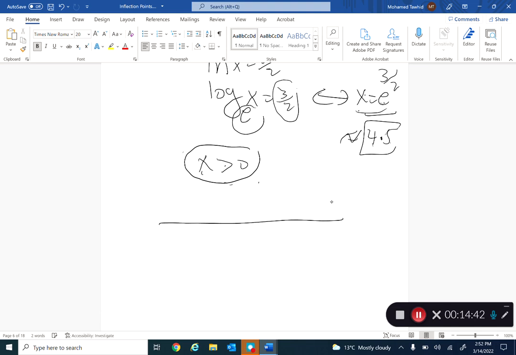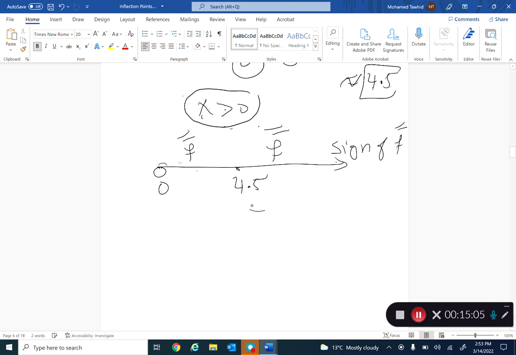What is the last condition? I have to check the sign of your second derivative. What happened for 4.5 here? And here you have 0, the domain x starts from 0 and goes to plus infinity. So now I have to check the sign before 4.5 and the sign of my second derivative after 4.5. So here, what is your second derivative? Just copy that.